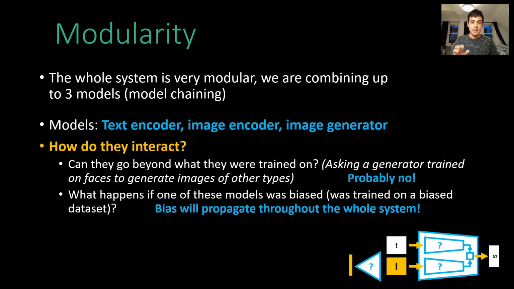What happens if one of these three components in this whole scheme was biased? Or what if it was trained on some biased dataset? Well, the thing is that the bias will propagate throughout this whole system. So even if our generative model is, let's say, clean, if this CLIP model is biased, it will pollute the other components with the bias of this model.